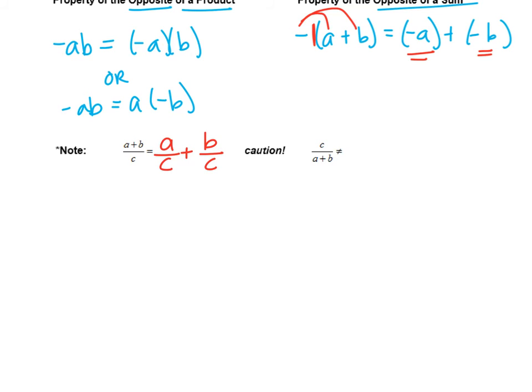But one thing to notice is if you only have one numerator and 2 terms on the bottom, it's not equal to, I'm going to make that big, not equal to. You can't do C over A plus C over B, because C has to be divided by A plus B, and here you can see C is only being divided by A. So just a couple things to keep straight there.